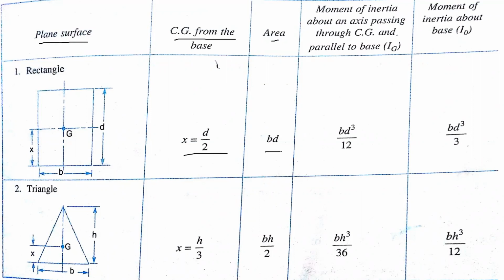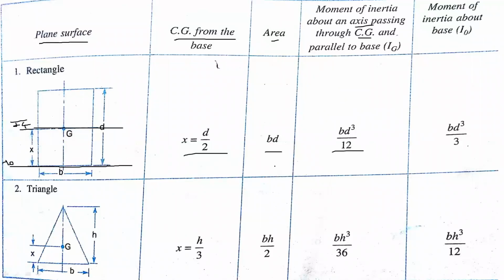Area is b into d. The moment of inertia about the axis passing through the CG and parallel to the base is nothing but Ig, and its value is bd cube by 12. And the moment of inertia about the base, that is I0, about this axis, is bd cube by 12.